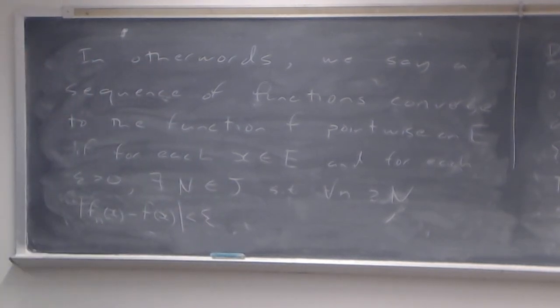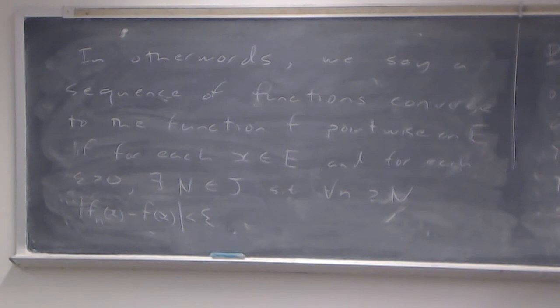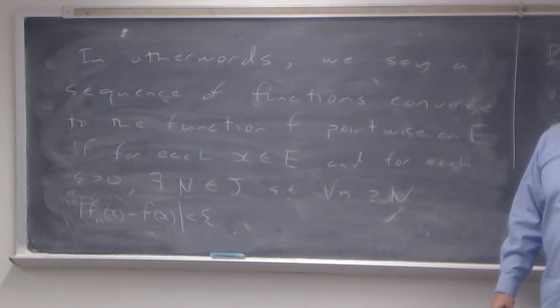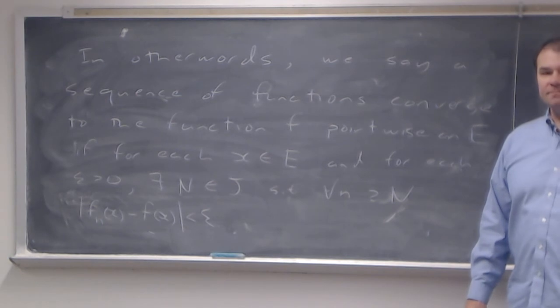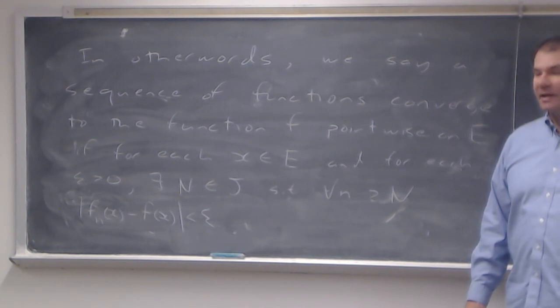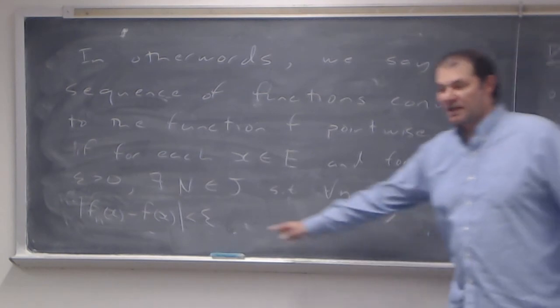And that's our conclusion. So what we're saying is, for the sequence f sub n to converge pointwise to f, that means that for each x in E, you fix an x in E, it doesn't matter which one it is, and you give me an epsilon greater than 0, we can find a spot in the sequence of functions such that from that spot on, the distance between f sub n evaluated at that particular x and f of x will be less than epsilon.